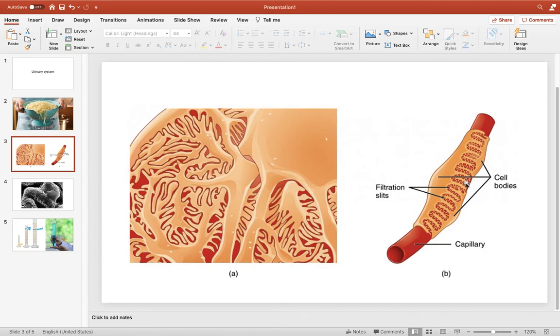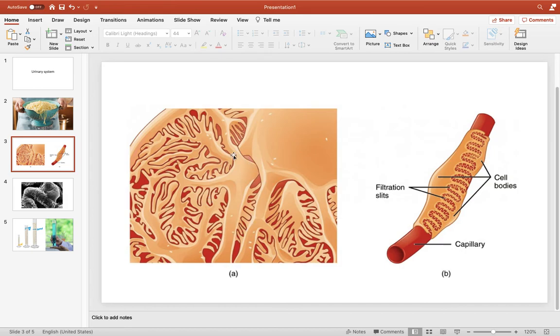And what you end up with are lots of really, really tiny gaps between these, in inverted commas, teeth. And so any molecules which are small enough to get through those tiny gaps are going to be the ones which end up inside the Bowman's capsule, and they're the ones which carry on traveling through the proximal convoluted tubule, etc.